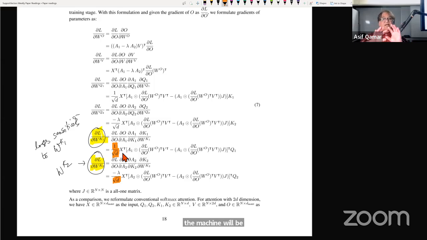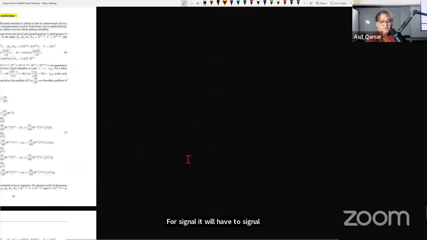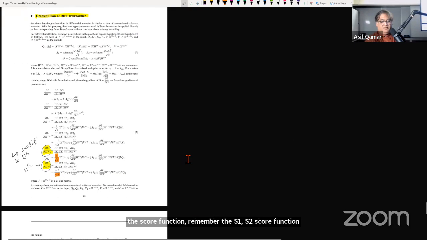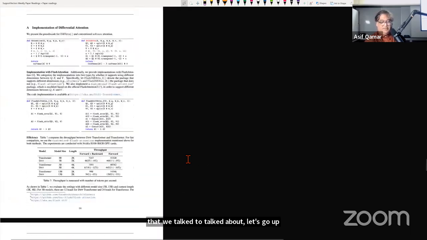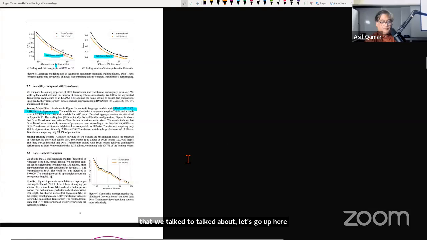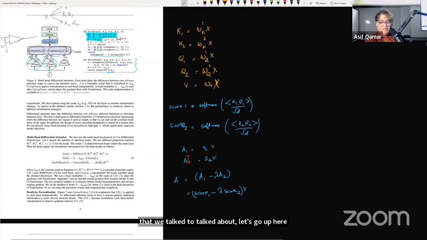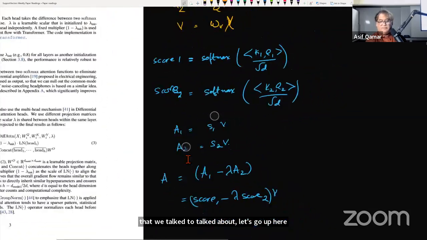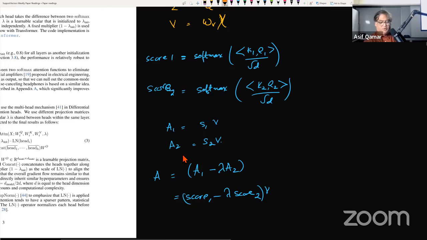For signal, the score function, remember the S1, S2 score functions that we talked about, let's go up here. Let's look at this. So I'll just talk of score function 1 and score function 2, right? So this is your basic equation.